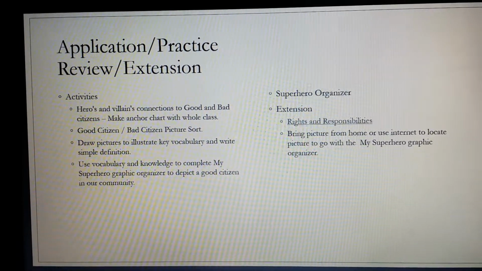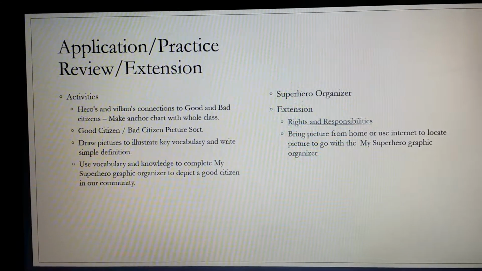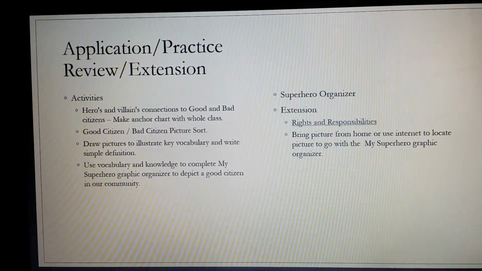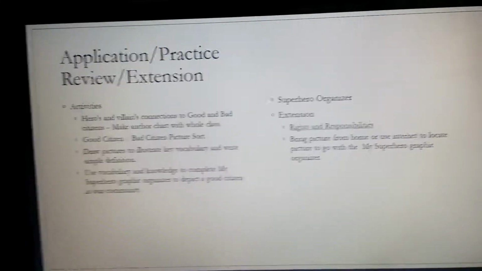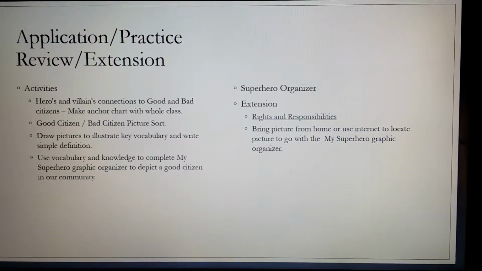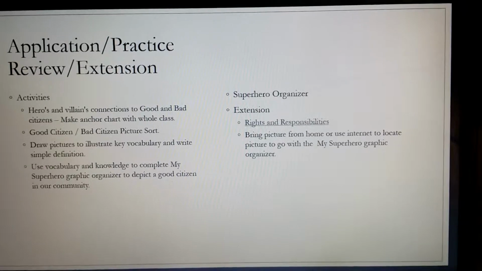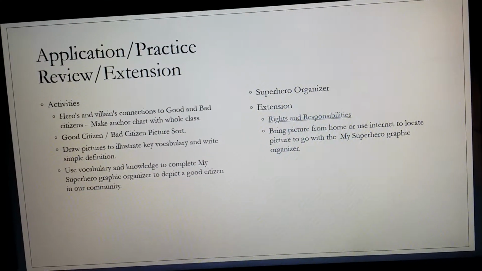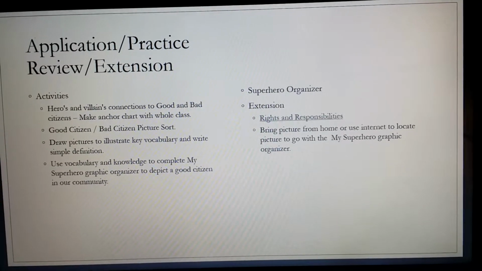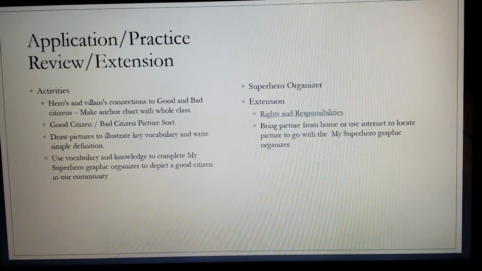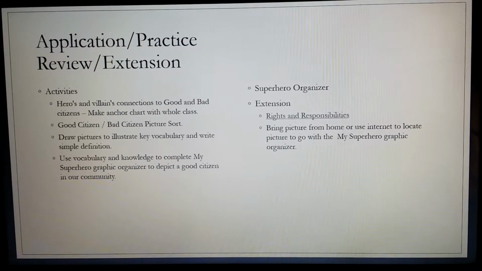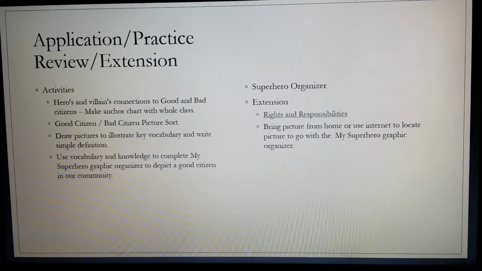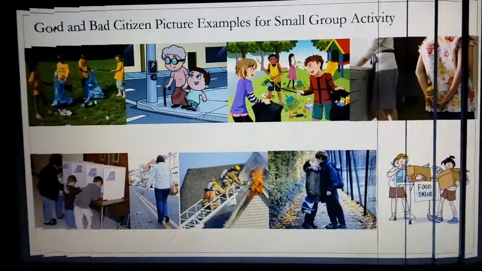And they will use that vocabulary and knowledge to complete the My Superhero graphic organizer to depict a good citizen in our community. For this, they will need the superhero graphic organizer. Extensions to this lesson include the rights and responsibilities Brain Pop video and bringing a picture for their hero from home or printing it from the internet.